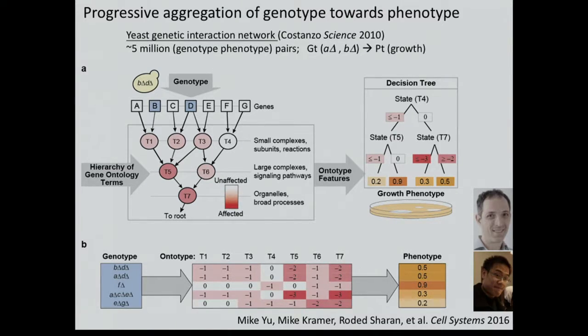So here's how we try to predict growth given genotype using an ontology structure, something akin to what I showed you for Siri, adding state to terms. I've now turned the ontology upside down, so the genes at the leaves are up here and the root is down below.